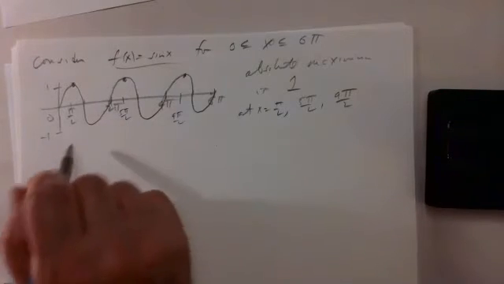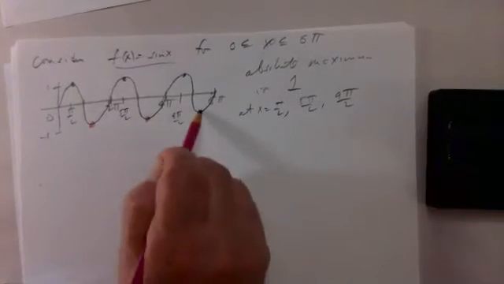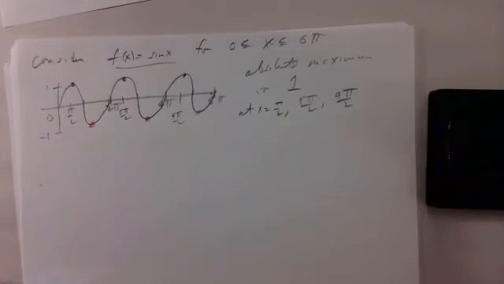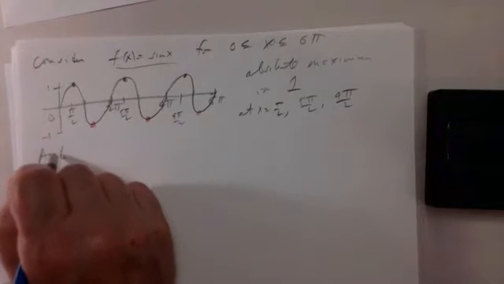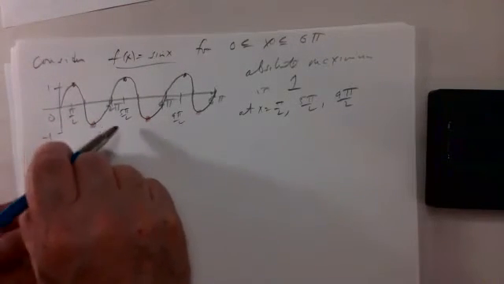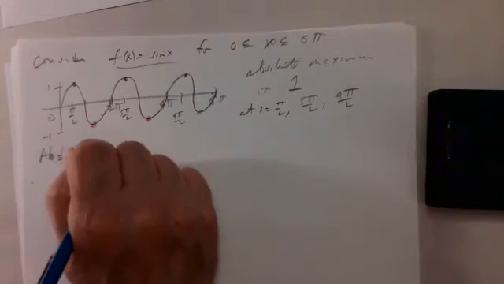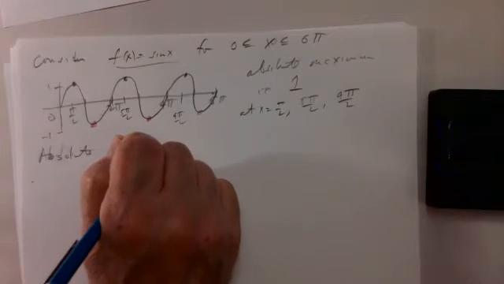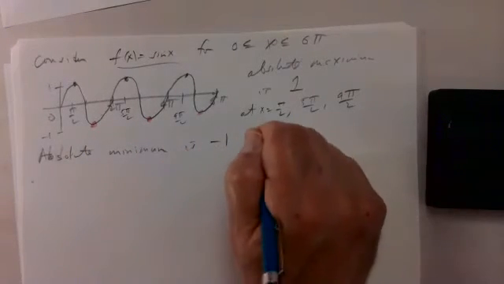Similarly, if you look at this graph, the absolute minimum is -1. And when does it occur?